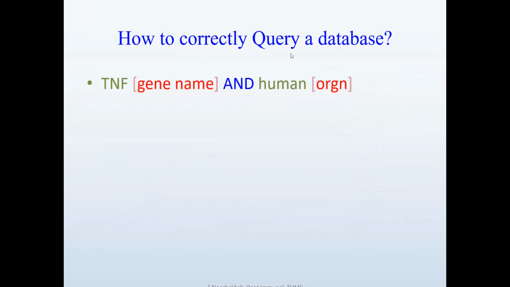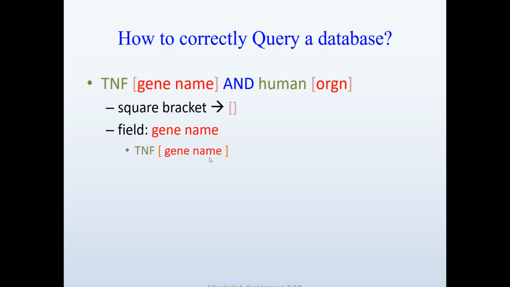The way to correctly query a database, which is the technical term for searching a database, is to specify which field in each record you're looking for your keyword in. So if I'm looking for human TNF, I would use these square brackets, and inside the square brackets, I should put the name of a previously designed, recognizable field for the database.